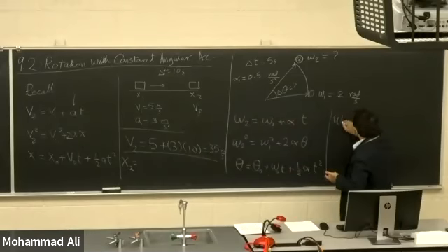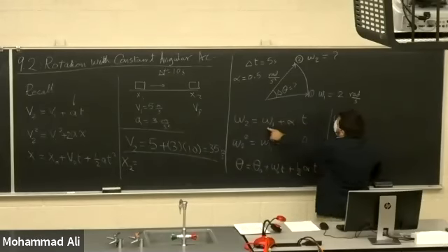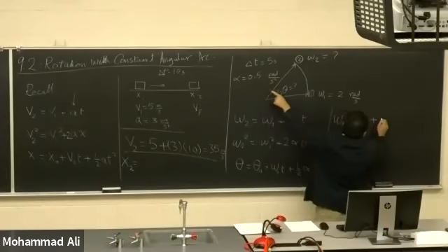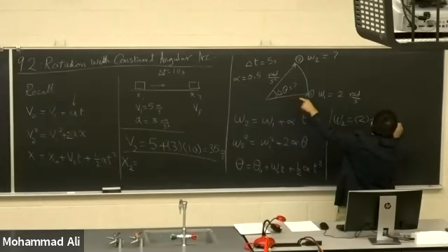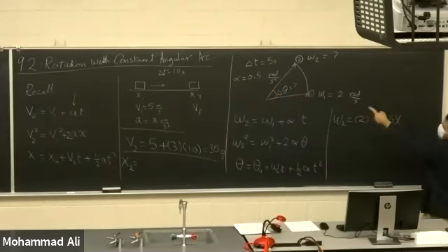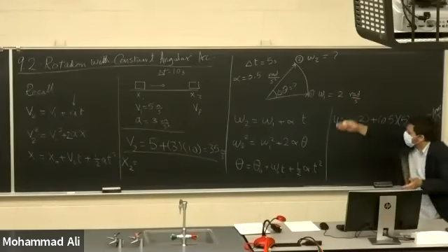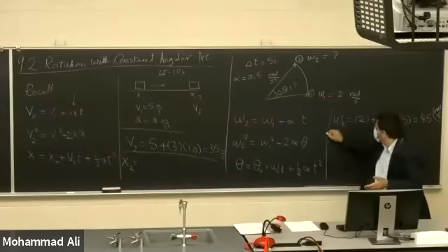Omega 2 is equal to omega 1, which is given as 2, plus the acceleration, half, multiplied by the time period, which is 5. It is 4.5 radians per second. This is the same. We just put the velocity, the acceleration and the time.